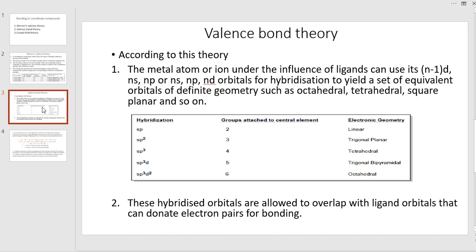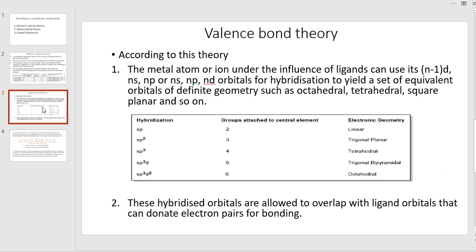So the first point is that the metal atom or ion, under the influence of ligands, has its orbitals mixed or hybridized, and forms hybridized orbitals for bonding.